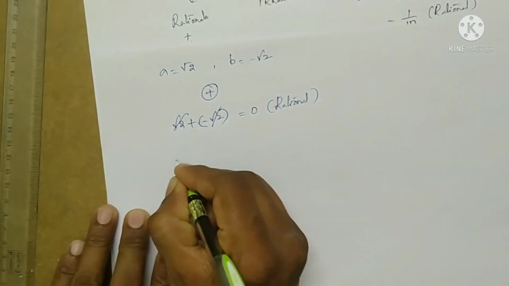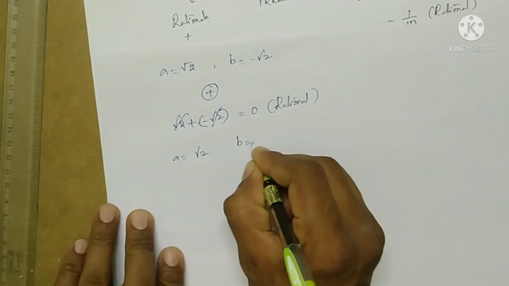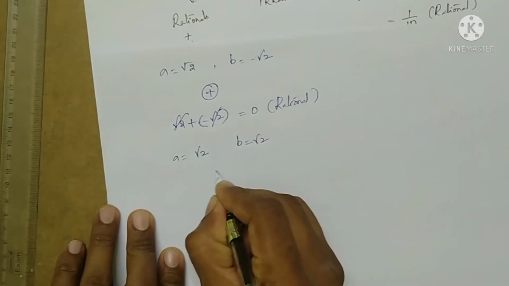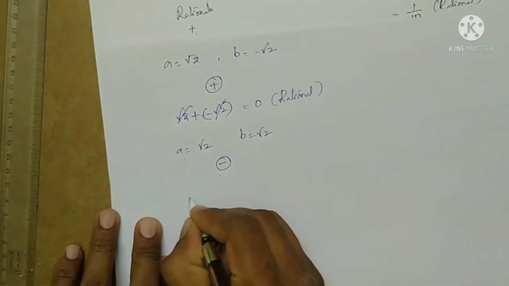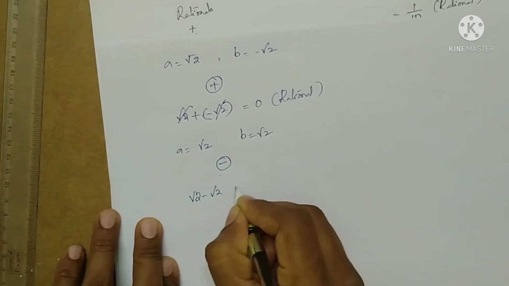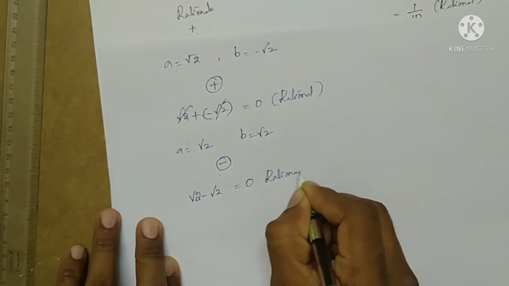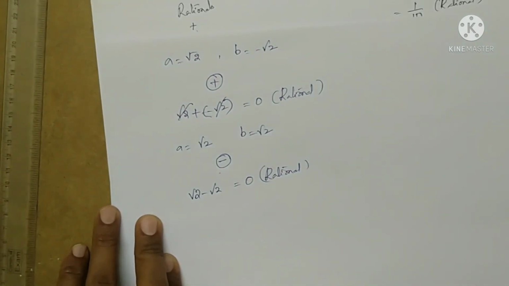Let us check. a is equals to root 2, b is also root 2. Next our operation is subtraction. Root 2 minus root 2 is equals to 0. It is also a rational number.